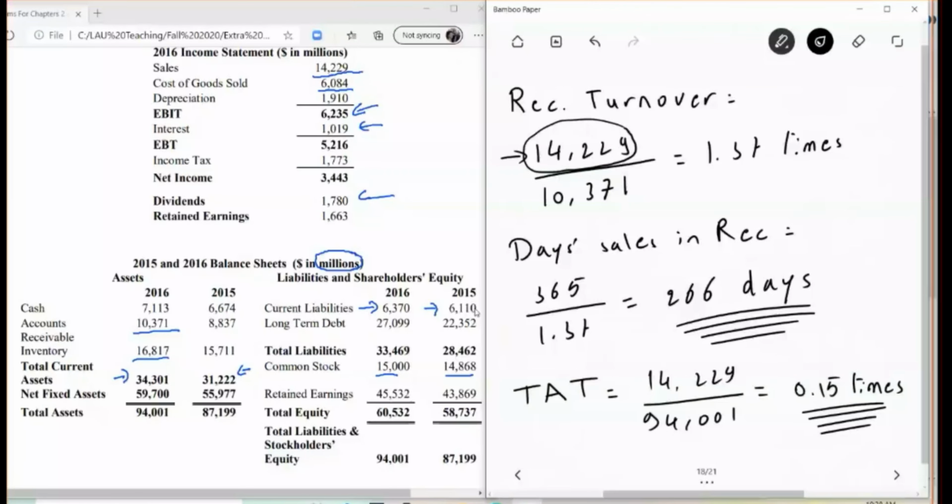There's a huge issue here. We are making an investment of $94 billion in assets to generate only $14 billion in sales. For every $1 invested in assets, we are generating only 15 cents in sales. And here you can see that there are major issues with the managerial team in this corporation.